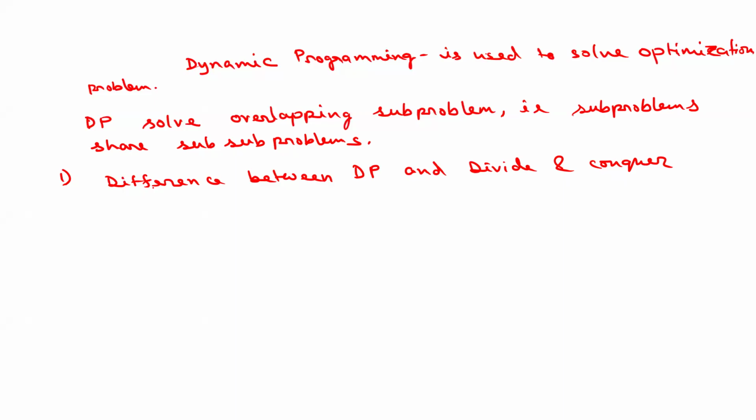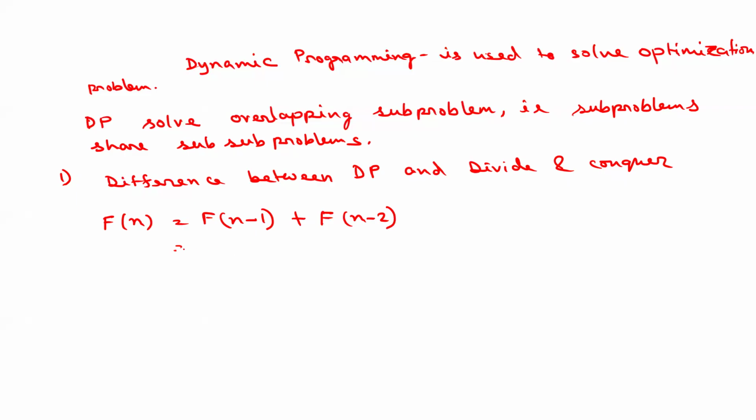Okay, take the example of the Fibonacci series. What is the Fibonacci series? We know that in the Fibonacci series, we calculate Fn as the addition of the previous two terms, that is Fn minus 1 plus Fn minus 2.